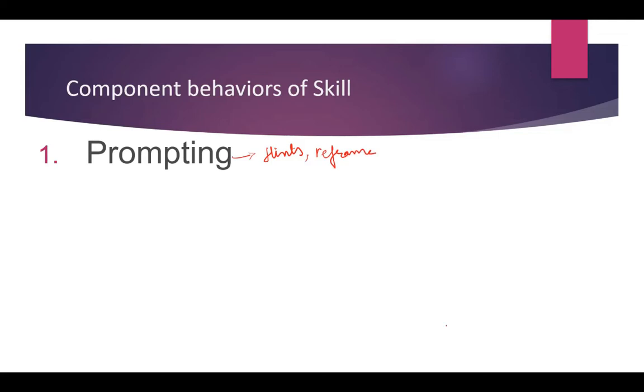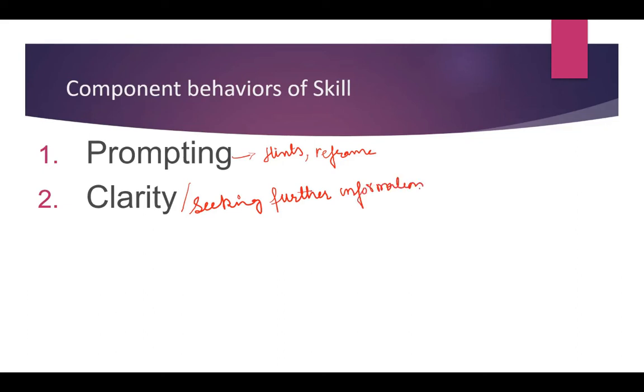The second component is clarity, or seeking further information. The teacher sometimes asks questions to get further information regarding the concept which they have taught or are going to teach to the students. They need to seek more knowledge of what the students know.